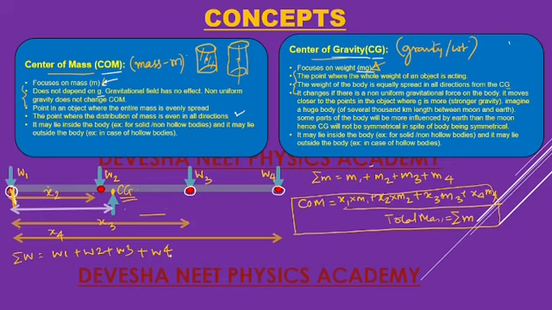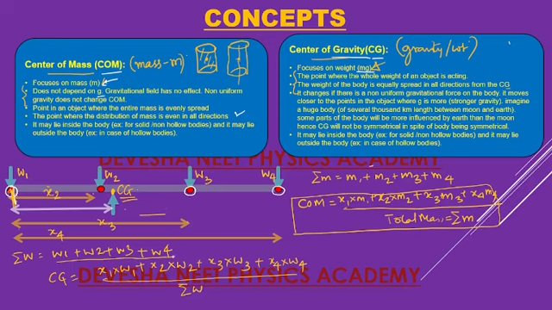So what will be the CG in this case? CG is equal to, very similar to what we had here also, X1 into W1 plus X2 into W2 plus X3 into W3 plus X4 into W4, divided by the total weight, which is sigma W. This sigma W is nothing but W1 plus W2 and so on.